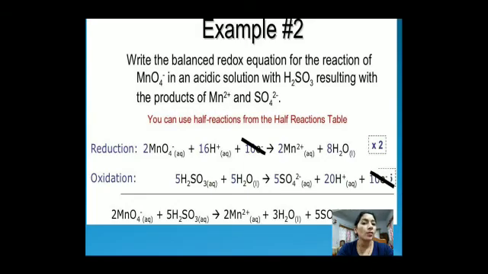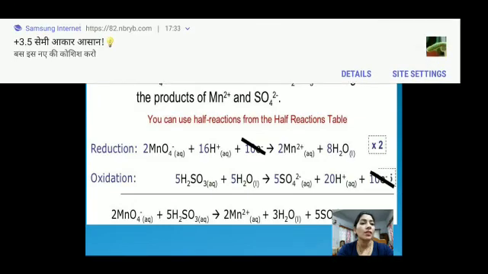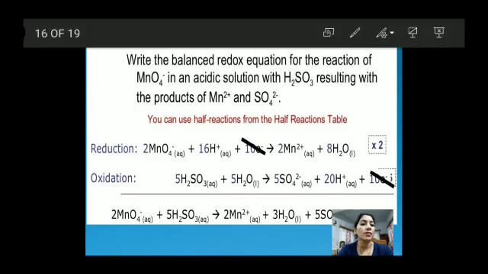Then we balance the half reaction. Because this reaction happens in the presence of acid, we can write H2SO3 plus 5H2O giving SO4 ion plus hydronium ion. So this is the total reaction.